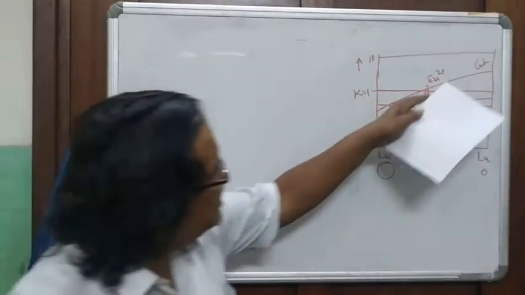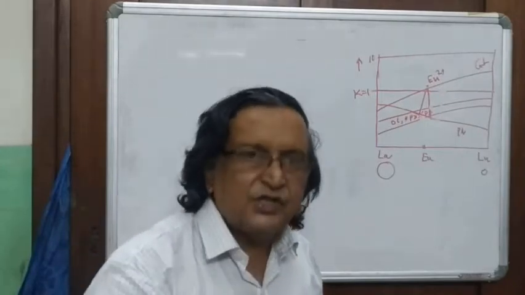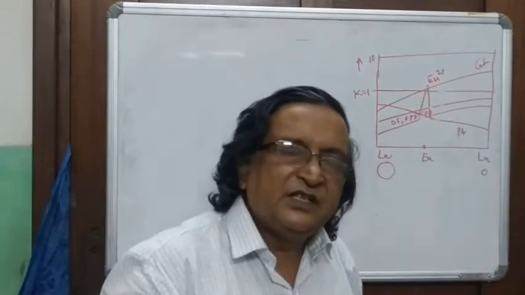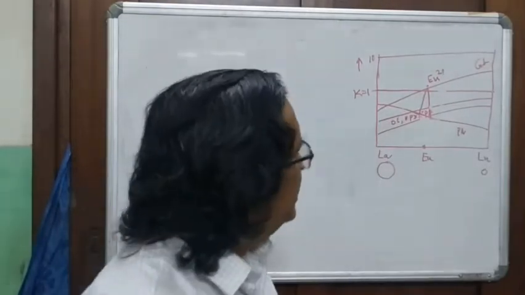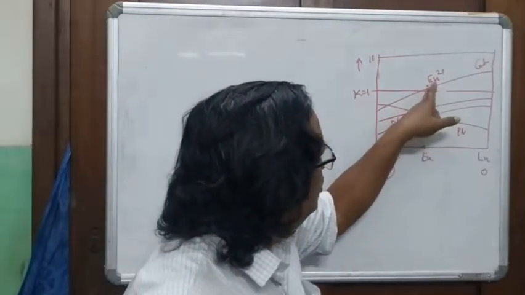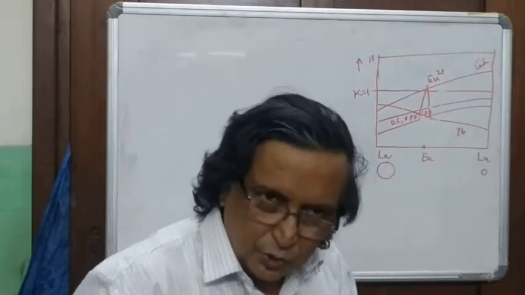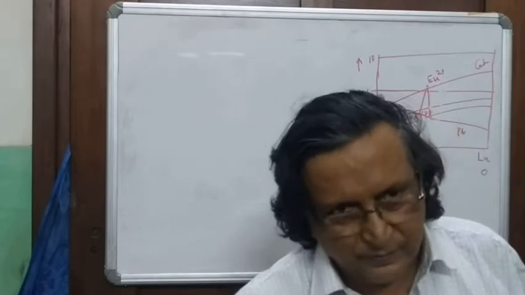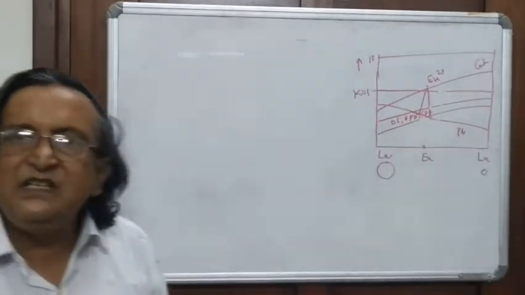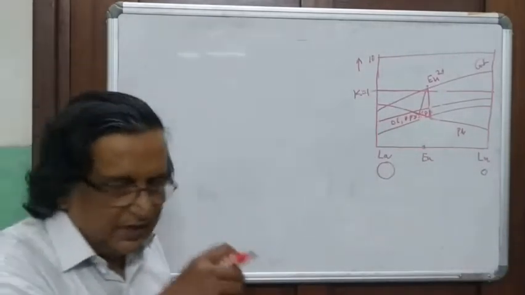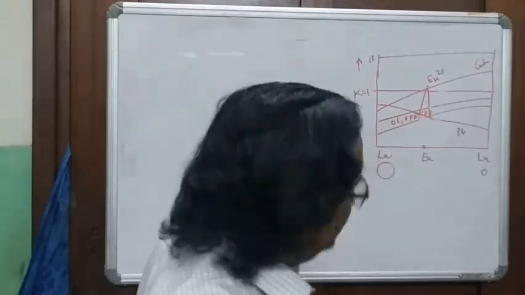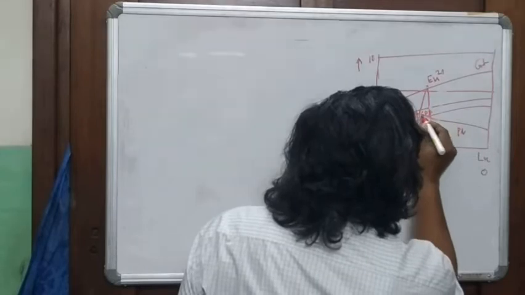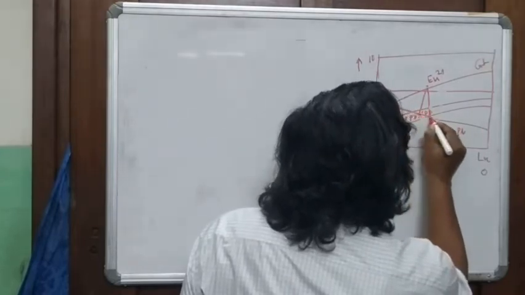Only this peak comes in because under the reducing conditions of the mantle and the lower crust, europium becomes Eu2+, which is stable, and Eu2+ has an ionic radius very close to calcium. So there is a lot of intake of europium into the calcium site, and so you have this situation.